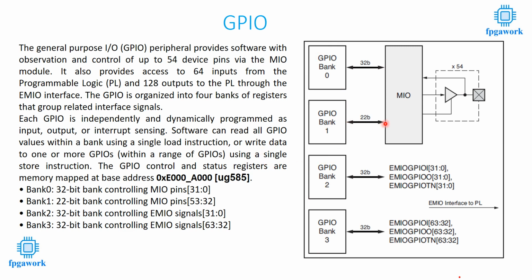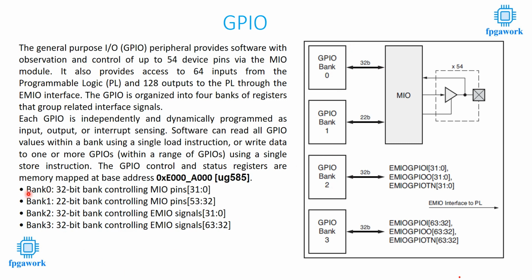As MIO pins have configuration, and the configuration of MIO pins could be done via different registers, in the same way these banks also have addresses and they can be configured. So again, these banks have a relative address relative to some base address, and this is the base address of these banks.